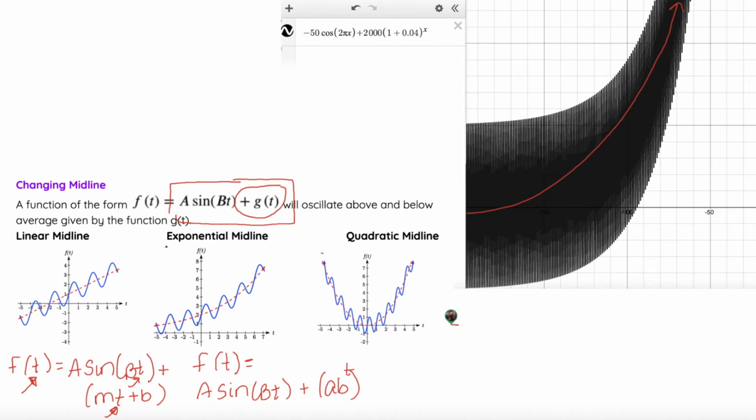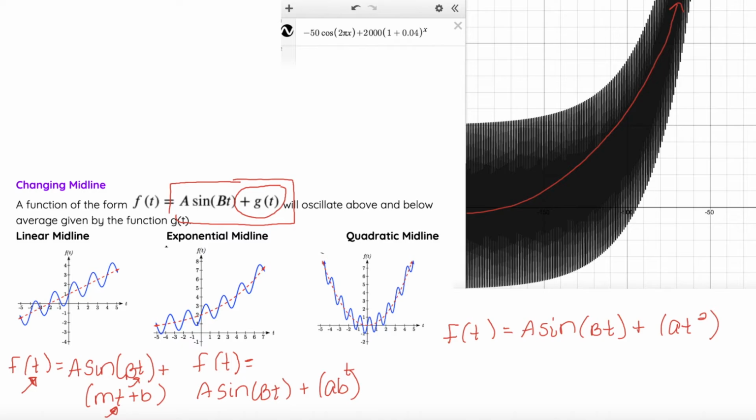So this one might look like f of t is equal to a times sine of b of t plus the parent function ax squared. We know that a quadratic function could have a binomial or trinomial, etc. So we're adding on a quadratic to the end. We could add an exponential to the end, or we could have a nice linear line at the end.